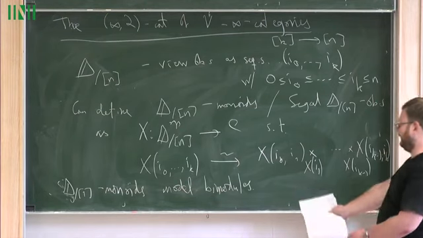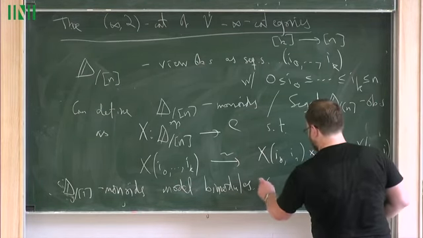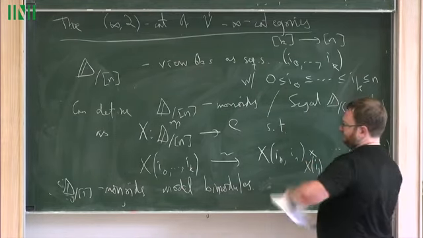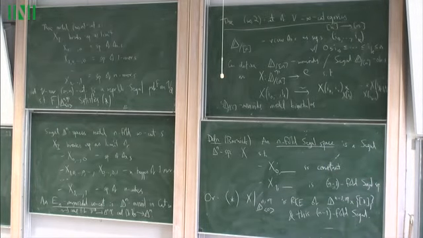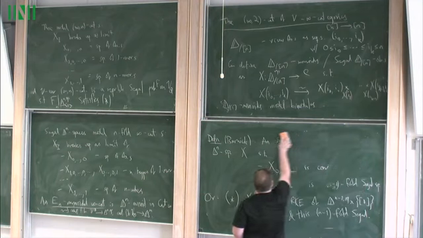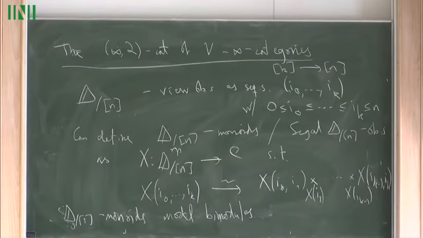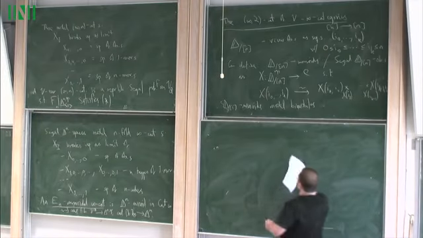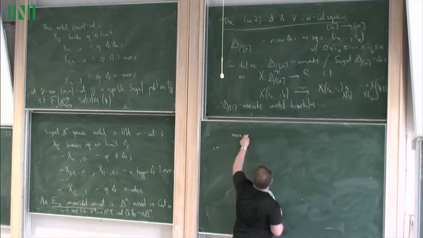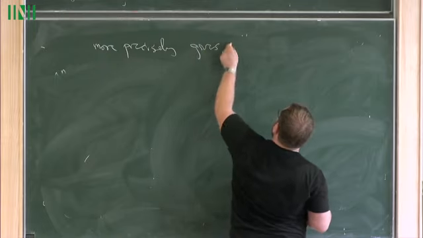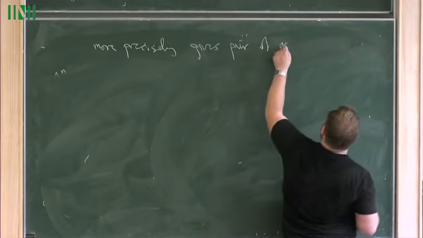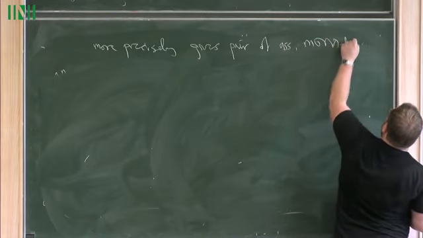More precisely, such a delta over 1 monoid gives you a pair of associative monoids and a bimodule between them.